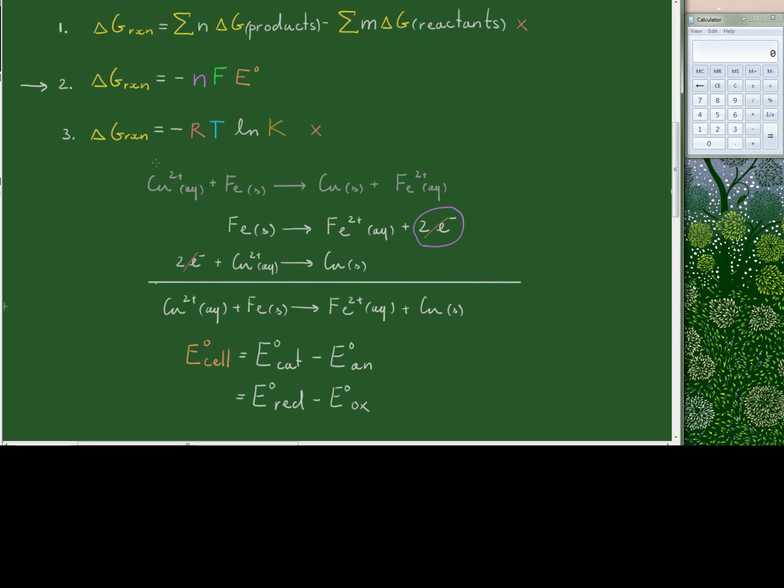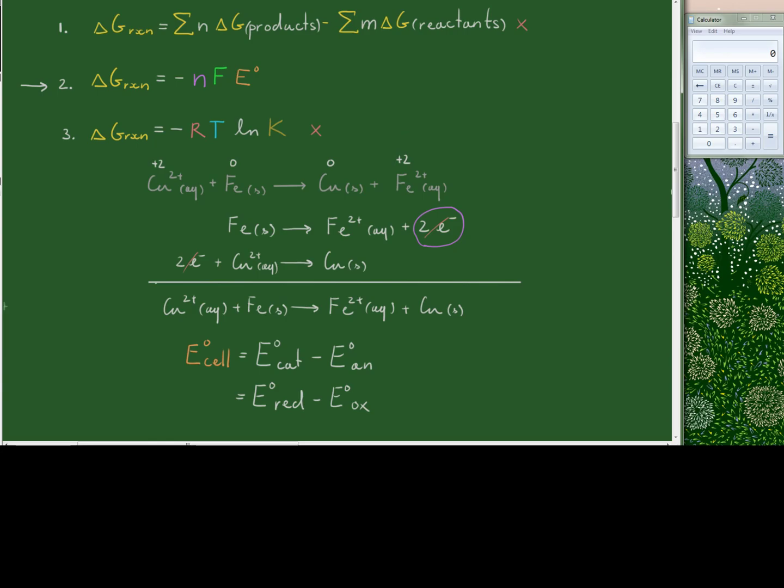So copper 2 plus, the oxidation number of any ion is the charge of the ion, which means it's plus 2. The oxidation number of iron solid is 0. The oxidation number of copper solid is 0. And the oxidation number of the iron ion is plus 2.